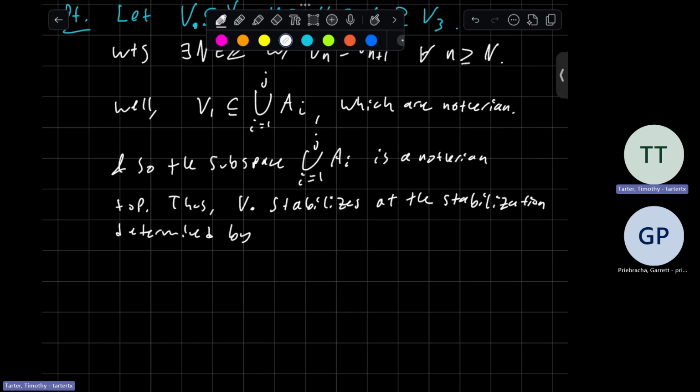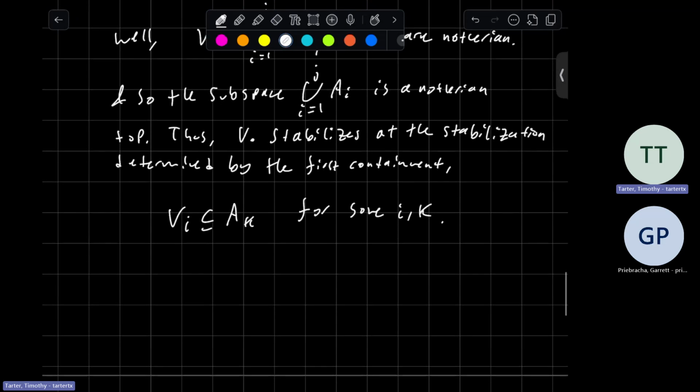determined by the first containment, where we have V_i is contained in A_k for some i and k.